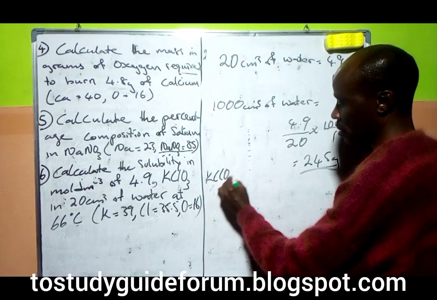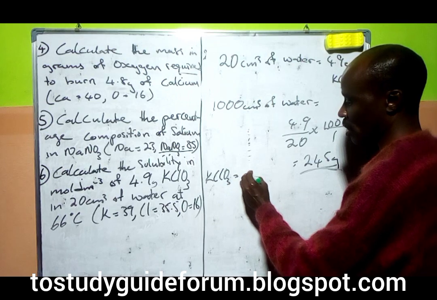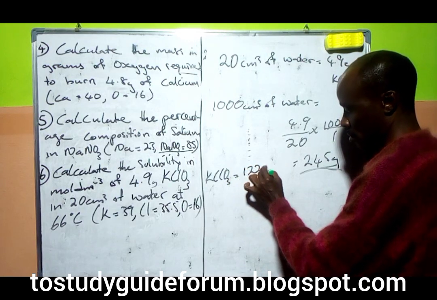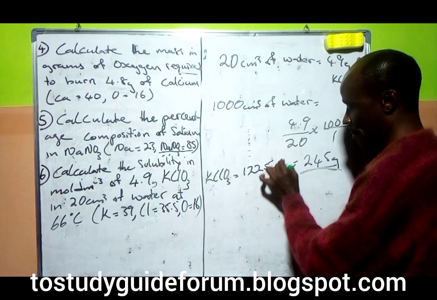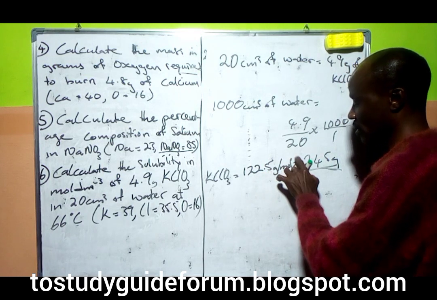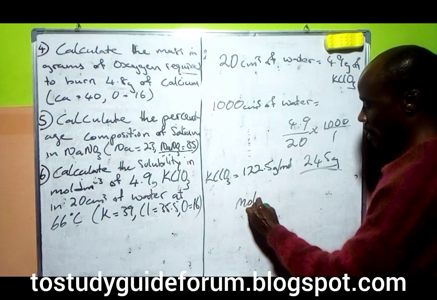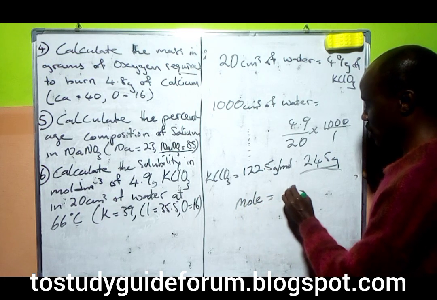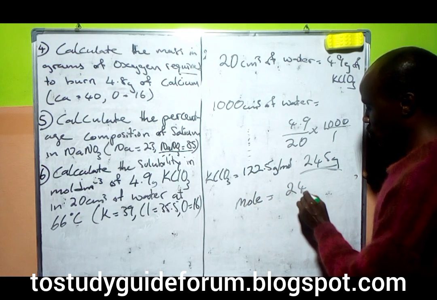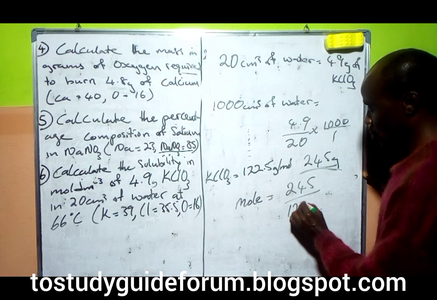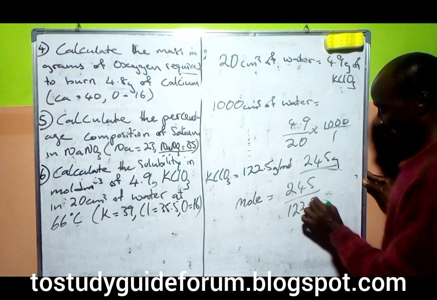The molar mass of potassium trioxochlorate(V) is 122.5 gram per mole. So to get the mole concentration, it will be 245 over 122.5.